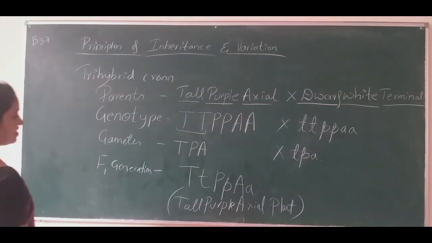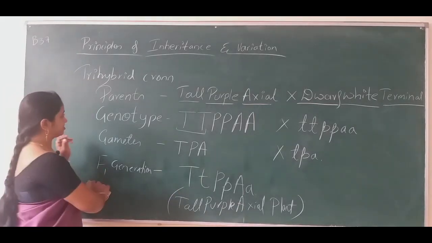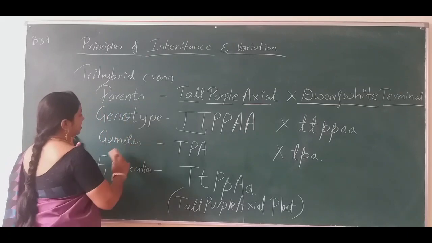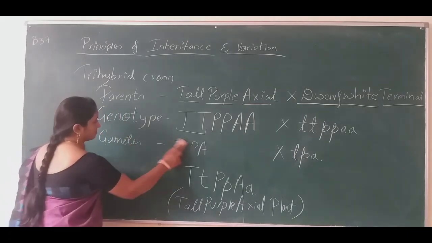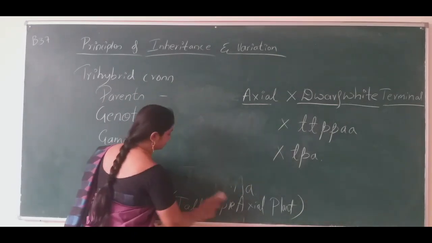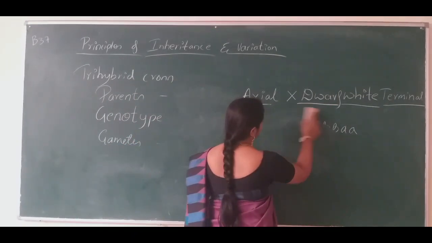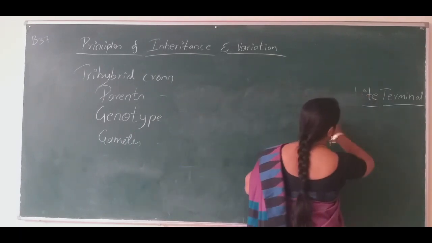What you have to do next? You have to self-pollinate the F1 generation. So we'll start writing the F2 generation. The next following procedure will be the F2 generation.